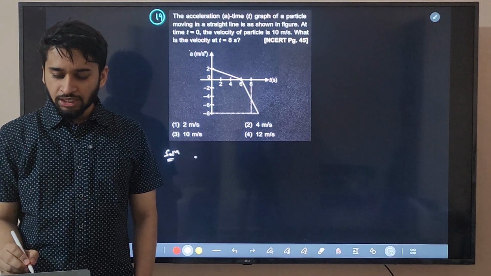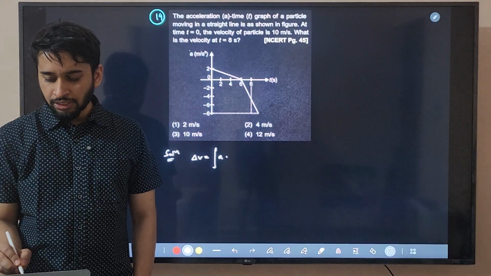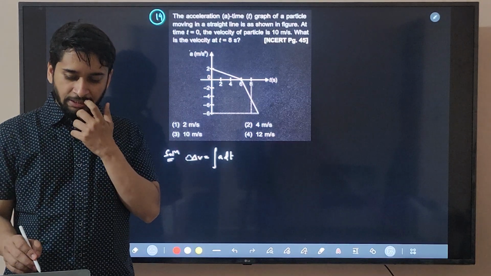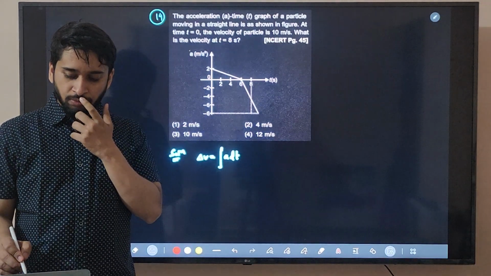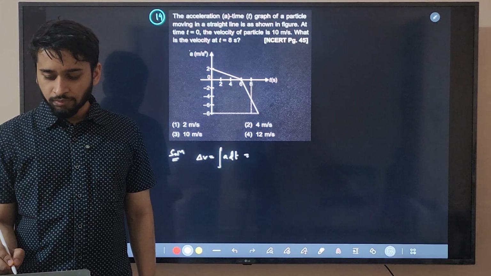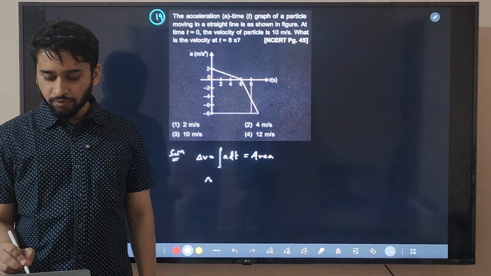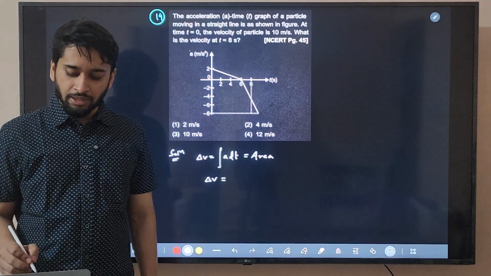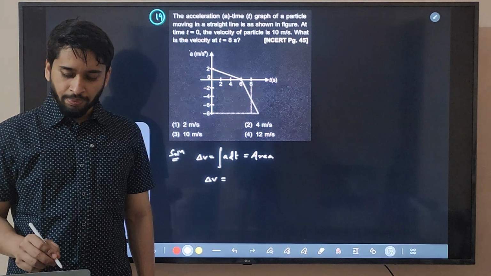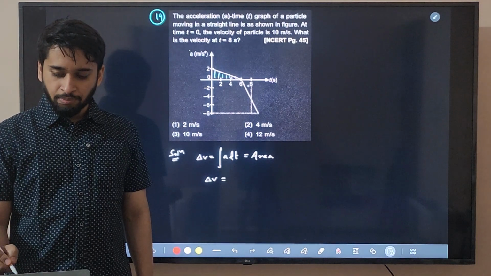Change in velocity will be the integration of a dt, which means the area under the acceleration time graph. So change in velocity will be equal to the area. And how much will be the area? So we need this area plus this area.